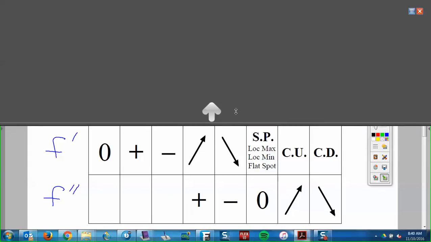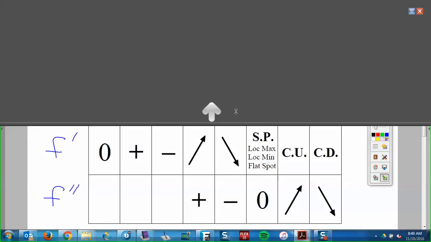Here's the first thing I want to tell you. What's the relationship between f prime and f double prime? Well said. The y values of f double prime are the slopes of f prime.